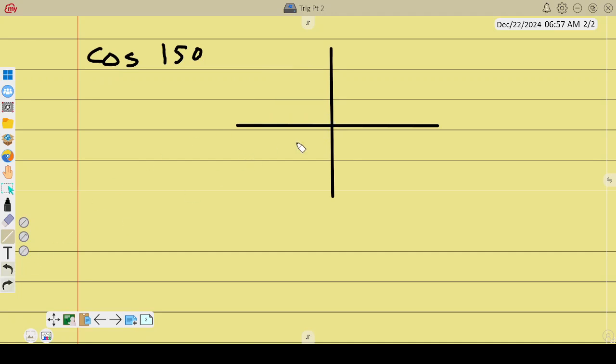So you should know that 150 is this angle, 150 degrees. Right. So we want to do cos 150.